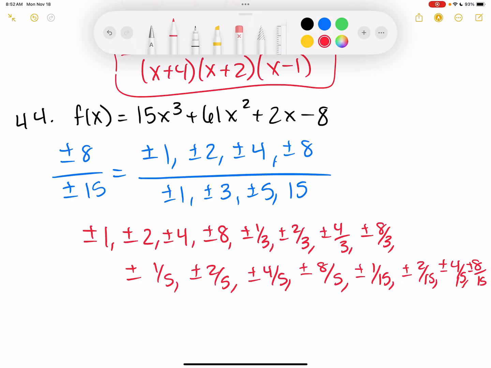Now type this in and look and see which ones look like they could be zeros. So type that function into the graph and see which ones could possibly be zeros. Instead of 4. Any others?